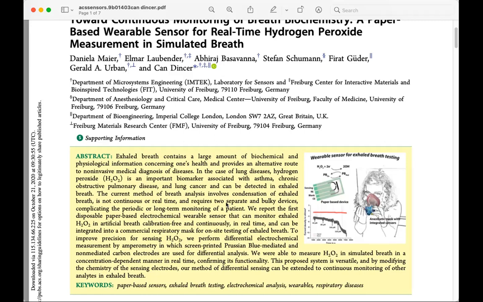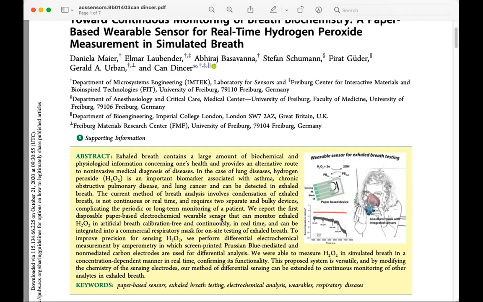Okay, so in his case, because he's engineering based, he's talking about the devices issue. He's not talking about the chemistry, he's not talking about the biochemistry, but he's talking about the issue that the devices are big. So we report the first disposable paper-based electrochemical wearable sensor. So you can see all the new things that he would like to highlight. Disposable, paper-based, wearable.